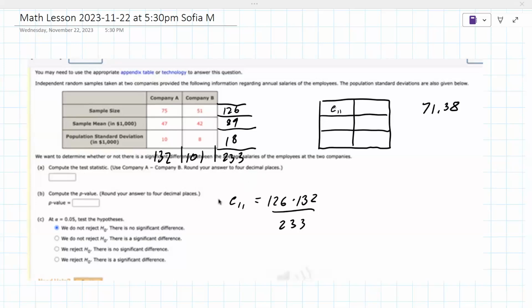So I know your goal is to get the right answer here. So I would like to find E12. E12 is 126 times 101 divided by 233, and so on. So should I just do it to the 4 decimal place? When you square the test statistic, you actually need to go out to 8 because it's double when you square numbers.